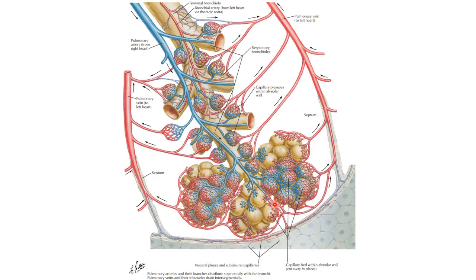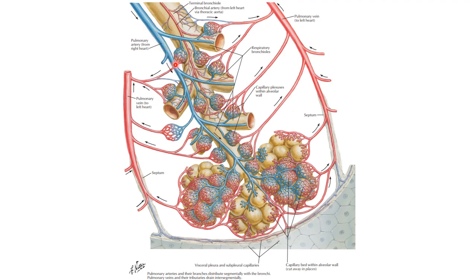So again, this is a picture showing to you the dispersion and the formation of smaller generations of bronchi as well as pulmonary arteries. So first, let us orient ourselves. This is the pulmonary artery from the right side of the heart.